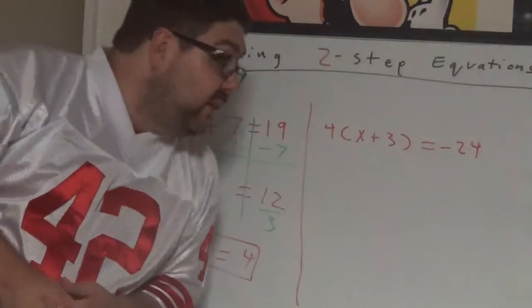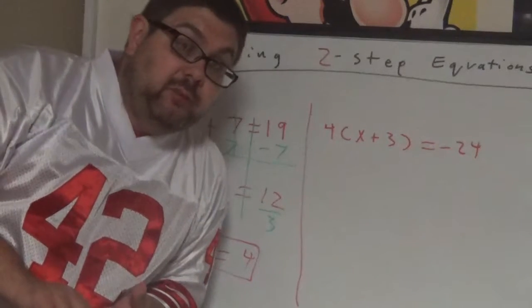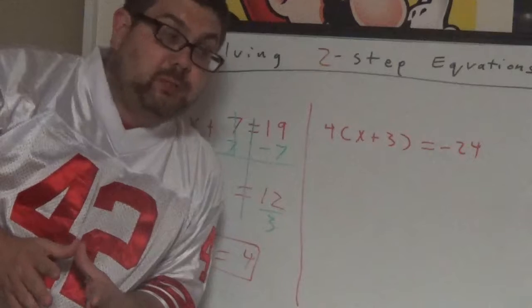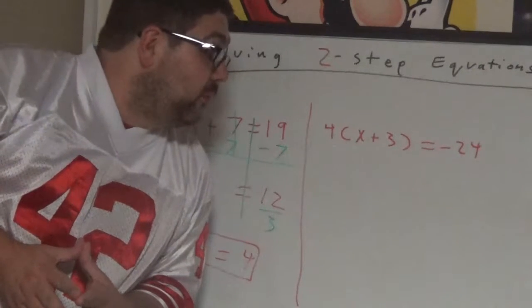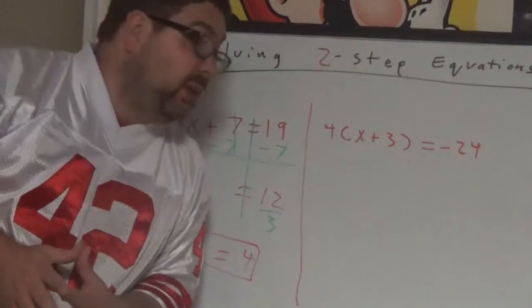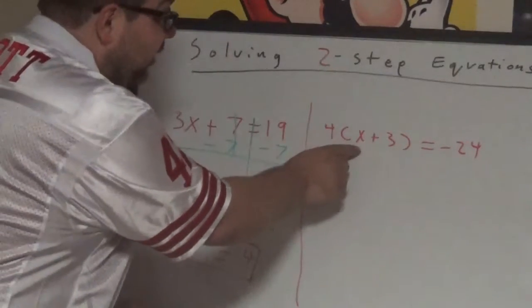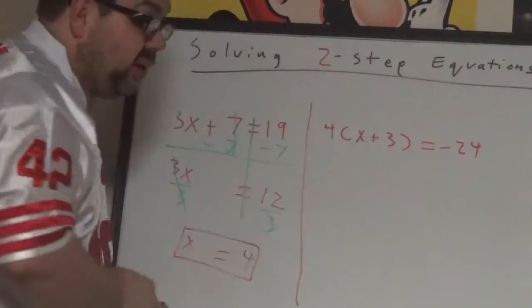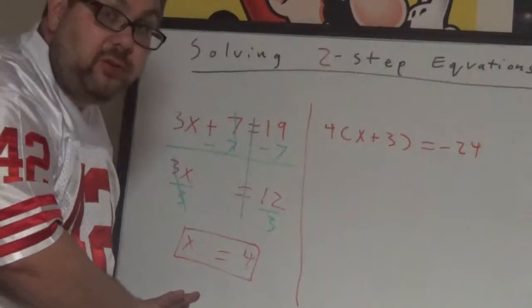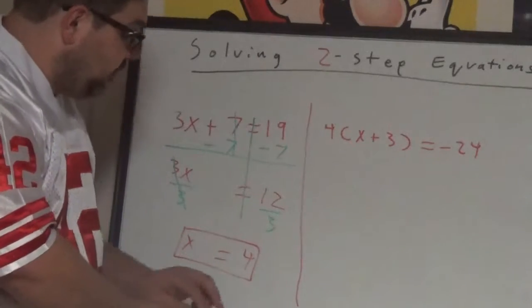In fact, you look at this, it looks like the distributive property. I made a video earlier and we had a lesson on the distributive property. So this is a distributive property, and you can distribute. You can do 4 times x and 4 times 3 and make it a two-step equation. But you don't need to do that.